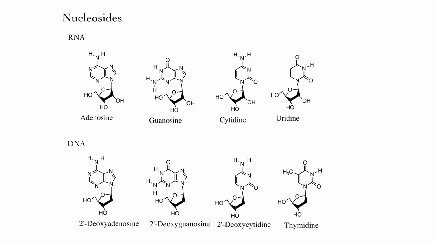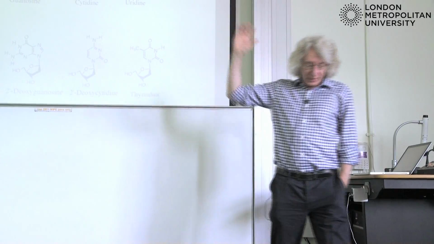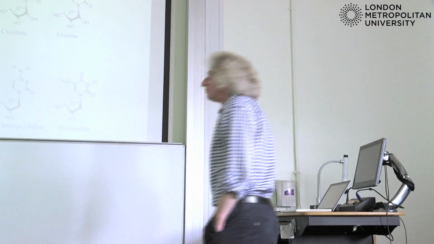And the nucleosides, here they are: adenosine, guanosine, cytidine, and uridine. These are the nucleoside components of RNA. And for DNA, we have 2' deoxyadenosine, 2' deoxyguanosine, 2' deoxycytidine, and thymidine. As thymidine doesn't exist in RNA, it doesn't have the deoxy in front of it.